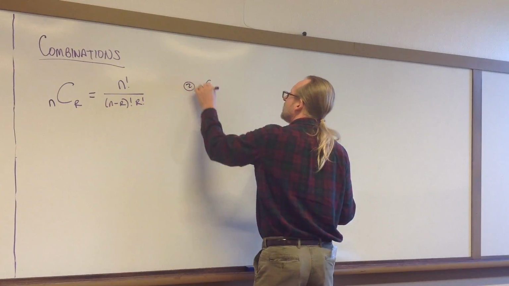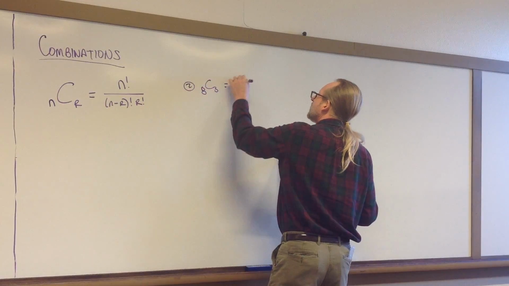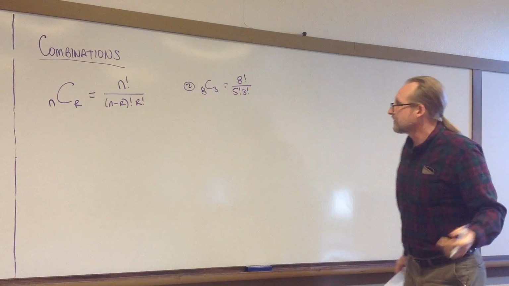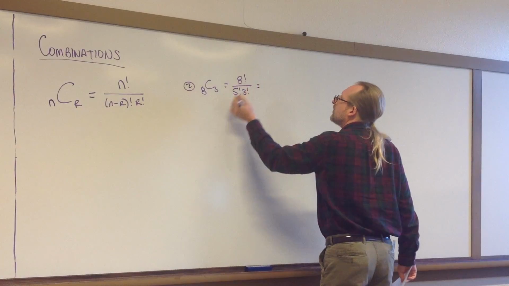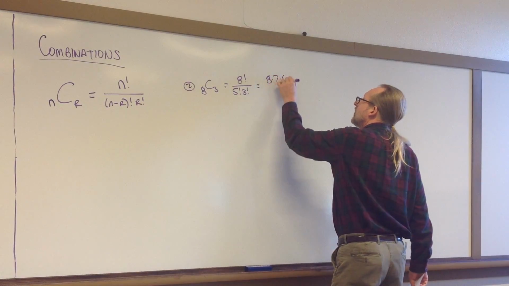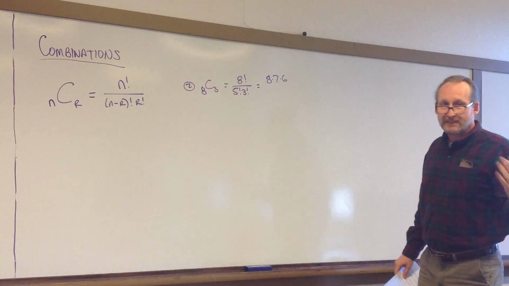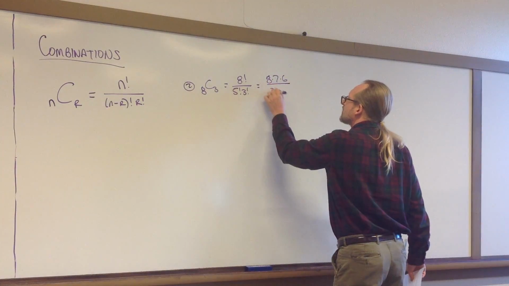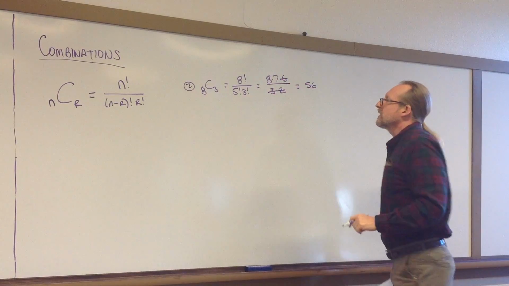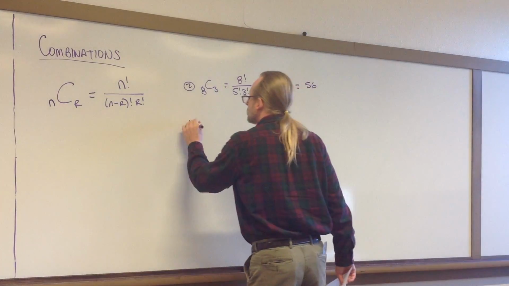If we've got 8C3, that'll be 8 factorial over 5 factorial times 3 factorial. So the 5 factorial will cancel out everything on the top except for the 8 times 7 times 6. On the bottom you've got 3 times 2, and there we go, 56.